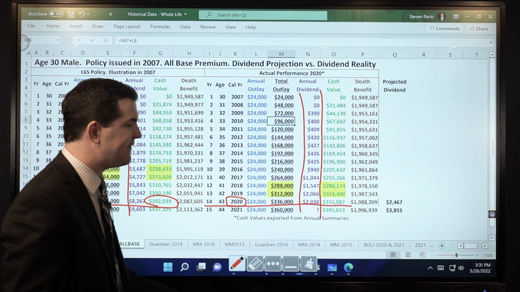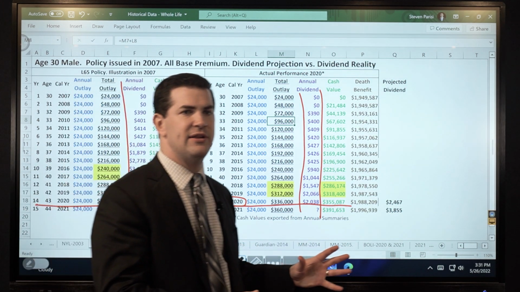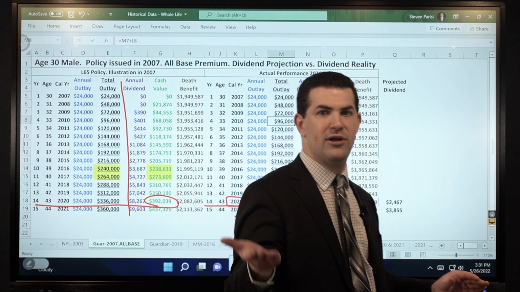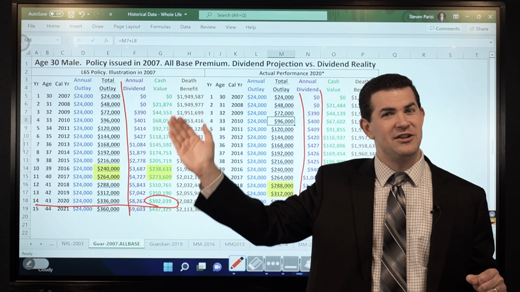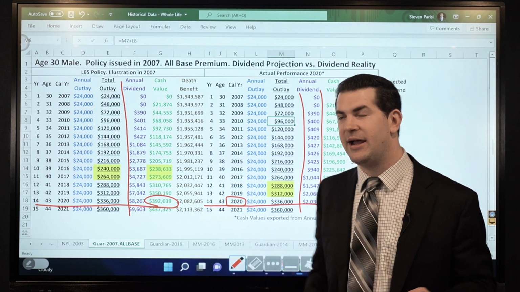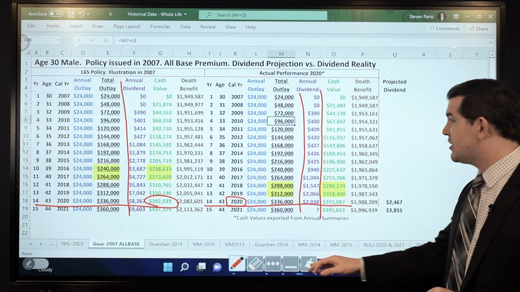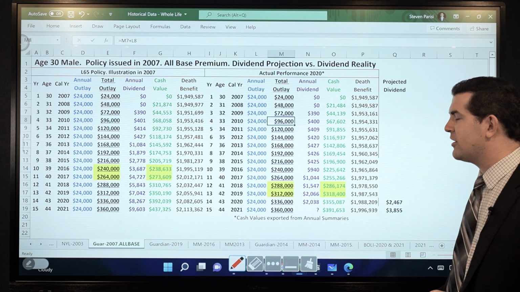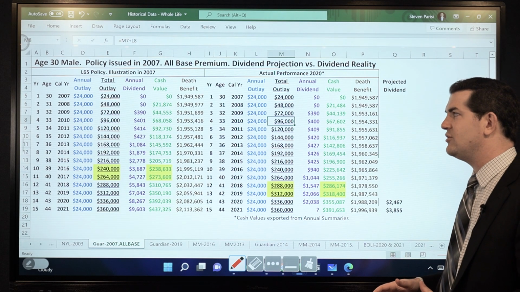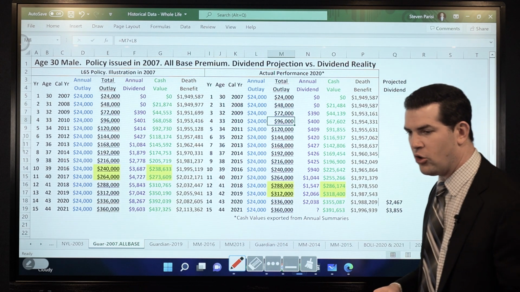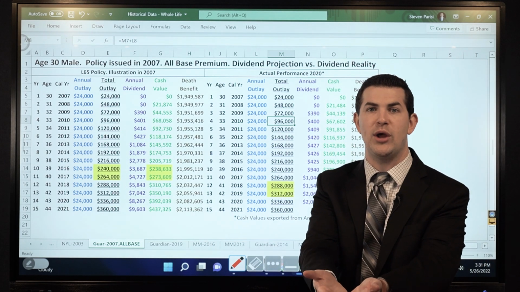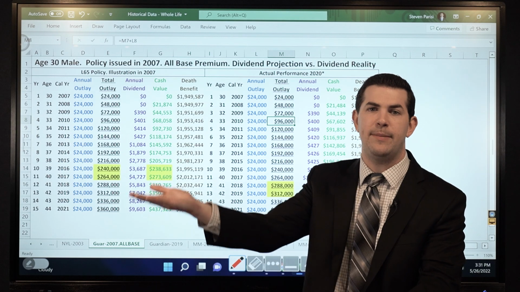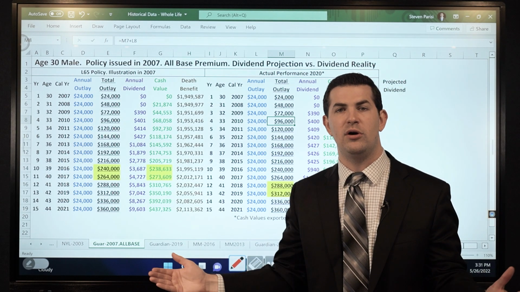And this is the kind of stuff that goes on when dividends are applied to policies. We see them fluctuate more, particularly on base premium dollars, not as much on PUA payments or PUA dollars. So this can be certainly technical. The point here is what we see is that on an illustration, which often we look at and think, look how much money I'm going to have, a high base premium policy can produce more money long term.